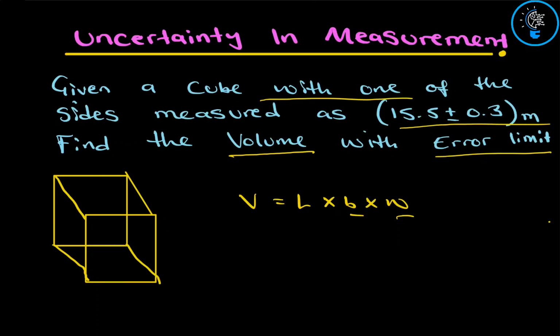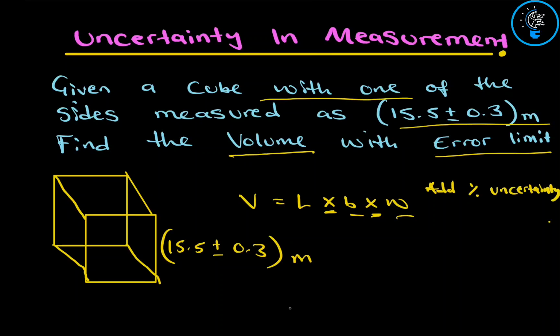So we are saying every side has 15.5 plus or minus 0.3 meters. So in this formula, we know the relationship with multiplication, so we need to add percentage uncertainty when finding the uncertainty of our solution.